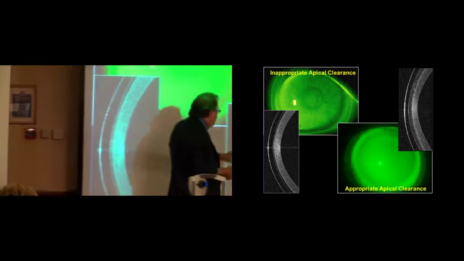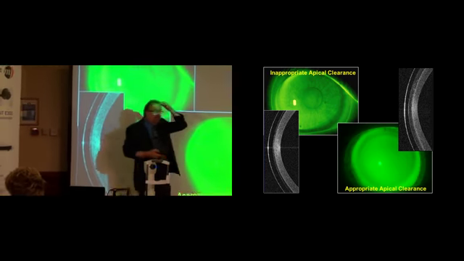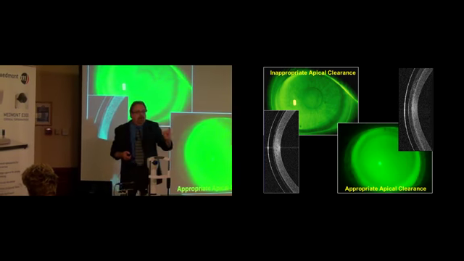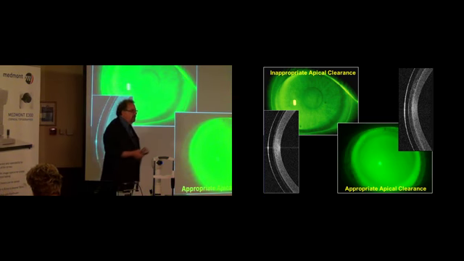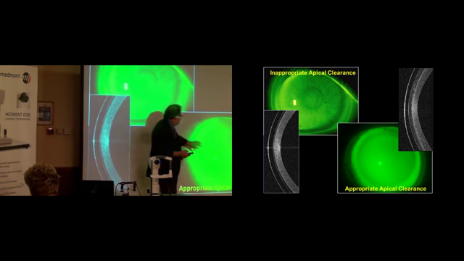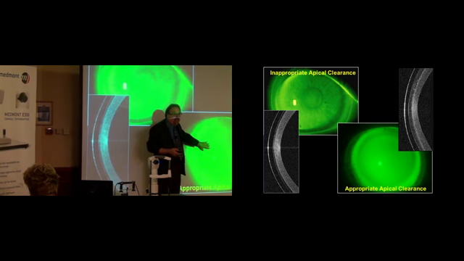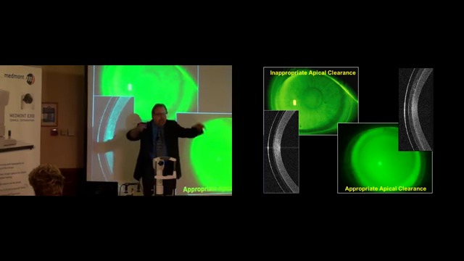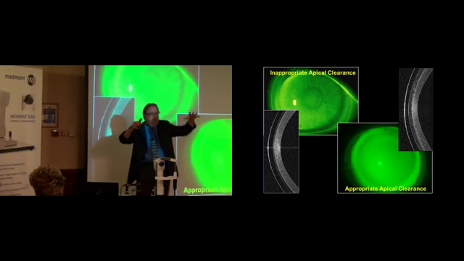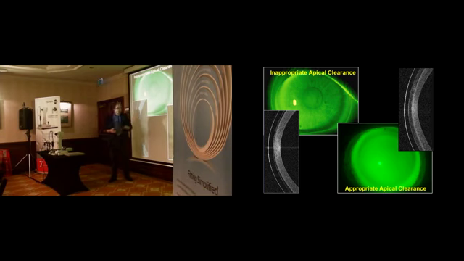We have to vault the center of the cornea by that 300 to 400 microns to allow that lens to settle in freely on the eye without it impinging in the peripheral cornea or in the central cornea.